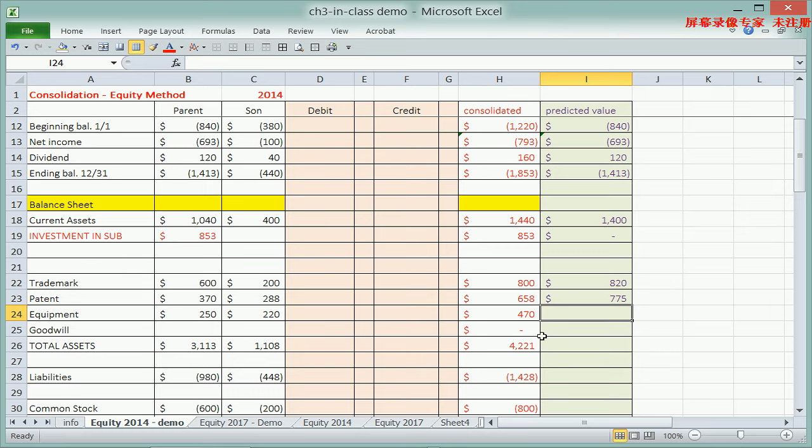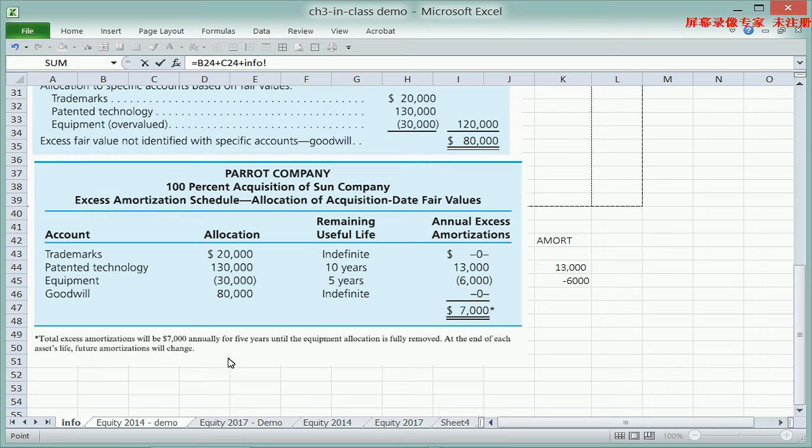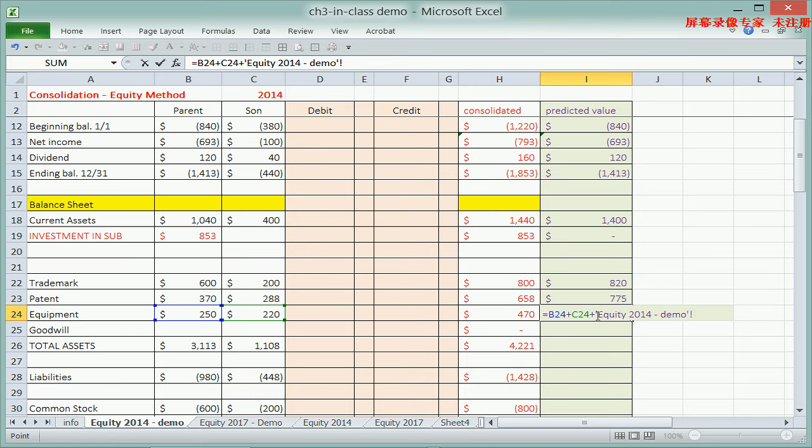The same happens to the equipment, basically the P plus S, and then plus the fair value difference, which is negative 30,000. So we need to minus the 30,000, but every year it has $6,000 amortization on the other side. So we need to plus back 6,000.